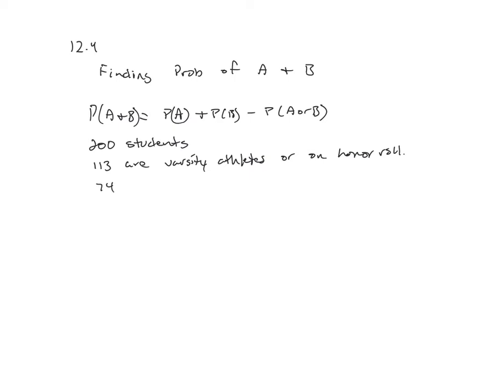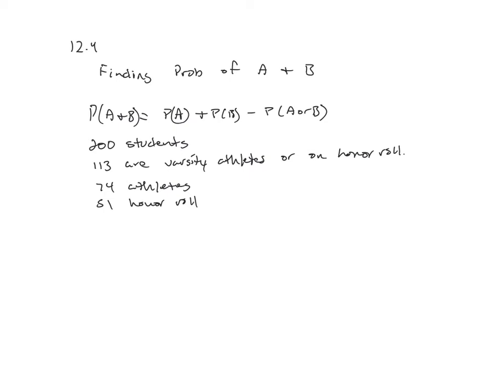There are 74 athletes, and there are 51 on honor roll. What is the probability that a randomly selected senior is both a varsity athlete and on honor roll?